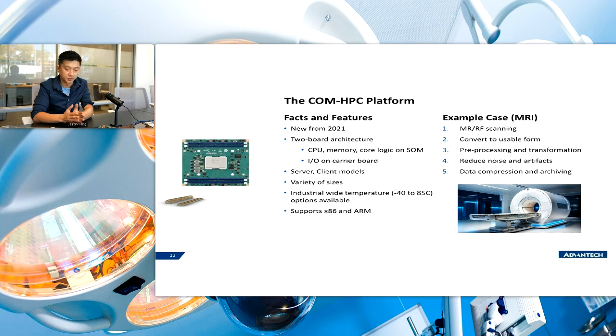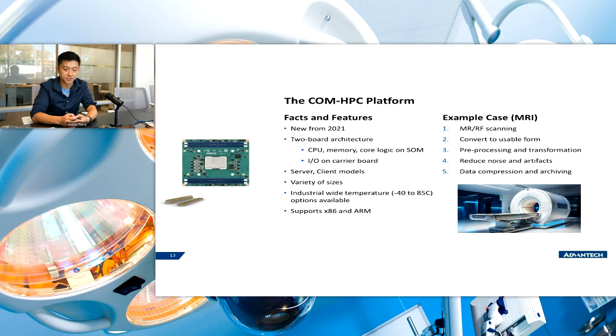But all of this data needs to be driven and then eventually converted to a usable form. Your FPGA accelerator might do some digitizing and pre-processing work, and then the GPU is going to work with the CPU to do cleaning and transform the data into a usable form.